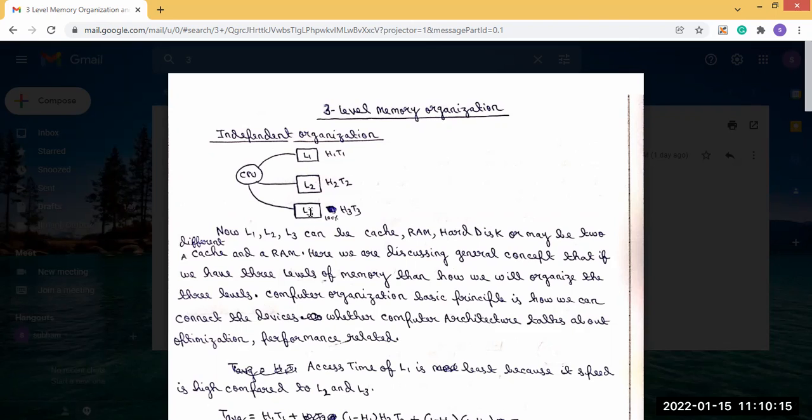Among these three devices, L3 has the maximum storage, but its access time is also maximum. So that's why we are considering L3, let's say, as the hard disk, because if we take L1 as the cache and L2 as the RAM, then L3 is the one after the cache and RAM.